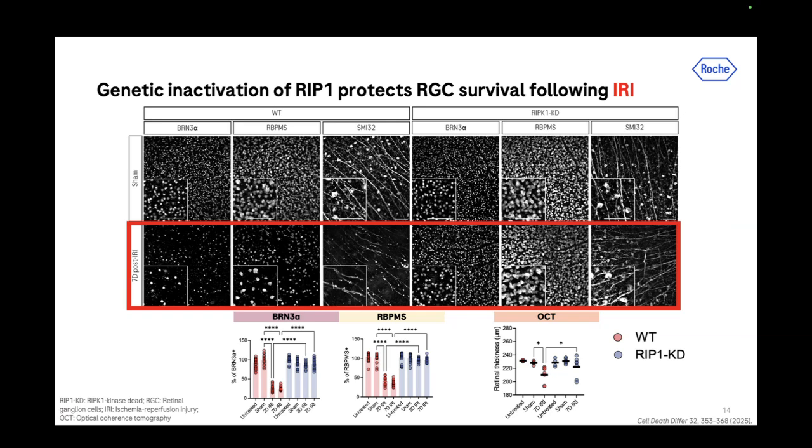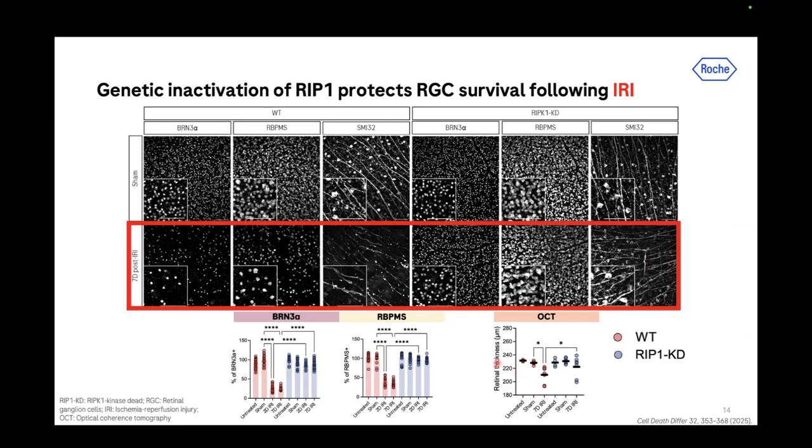We also examined SMI32 to visualize axons together with the cell bodies of RGC subtypes. In wild-type mice, 7 days post-injury, RGC cell bodies were shrunken or lost, and their axons appeared thinner and degenerated. In contrast, RIP1 kinase-dead mice retain the RGC cell bodies and show minimal axonal degeneration.